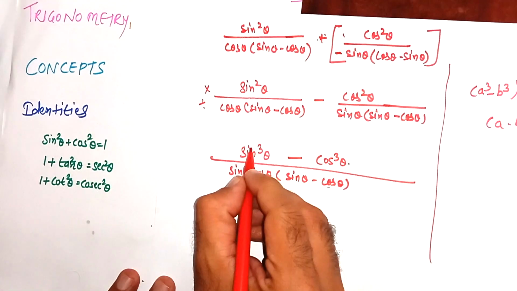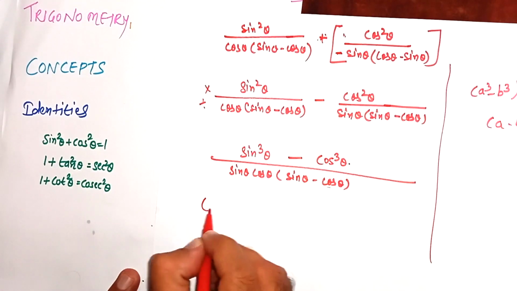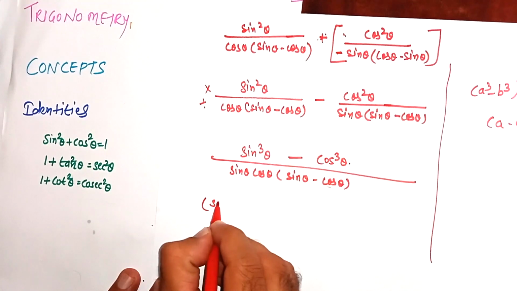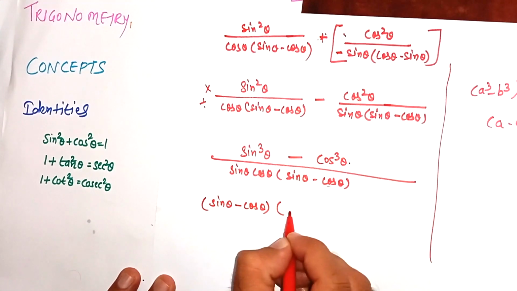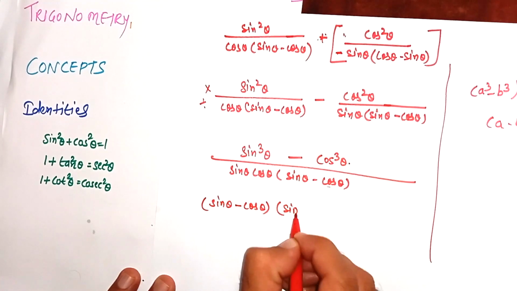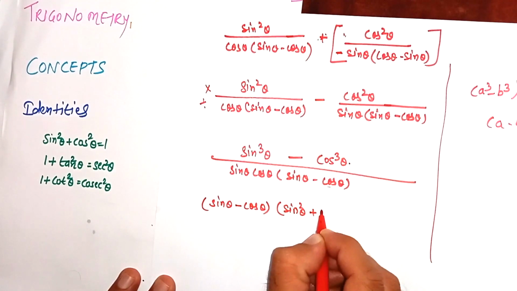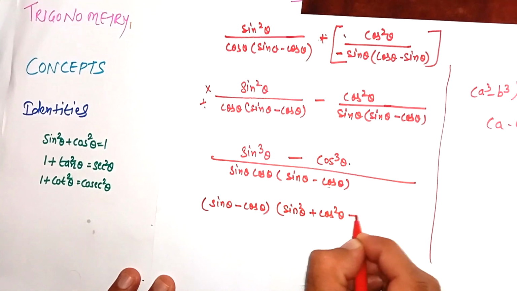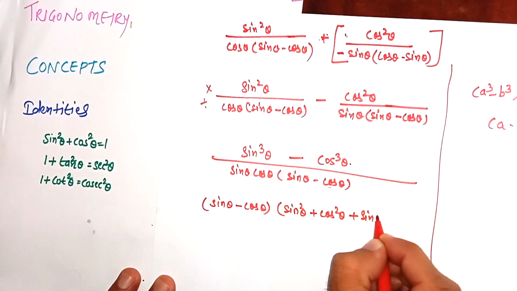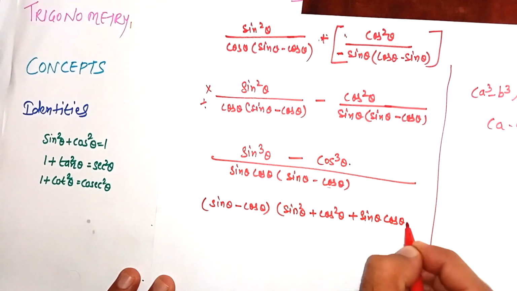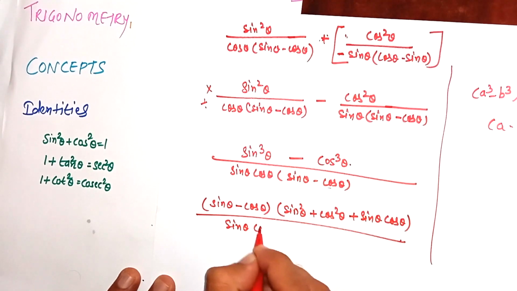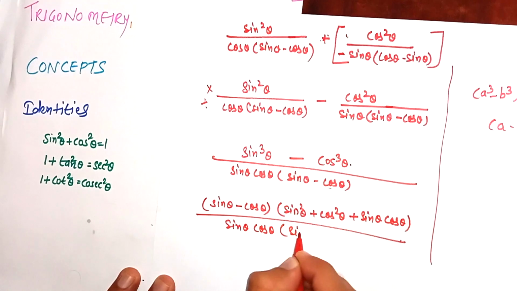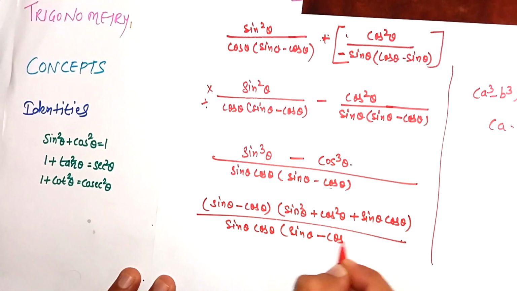our sin cube, this is our a and this is our b, so it will become sin theta minus cos theta and sin square theta plus cos square theta plus sin theta cos theta, and whole upon sin theta cos theta sin theta minus cos theta.